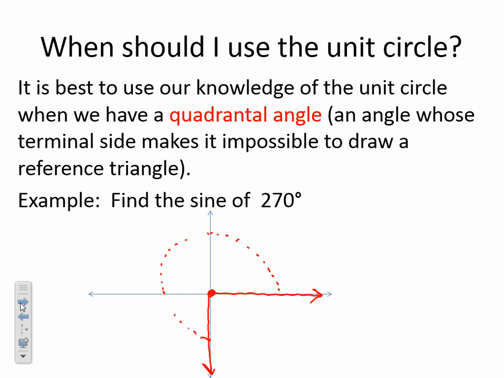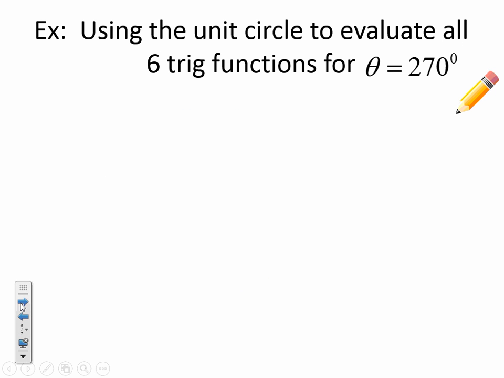So I draw my terminal side, and now remember, when we draw that reference triangle, put a dot on the terminal side, and I try to sketch a line straight to the x-axis, perpendicular. Well, you can't make a triangle like that, because if I go perpendicular to the x-axis, you can't draw a triangle that way. So that makes it impossible to draw a reference triangle, and that's when our unit circle becomes really handy. That's when we're going to use this.